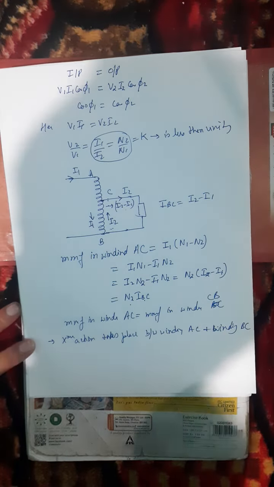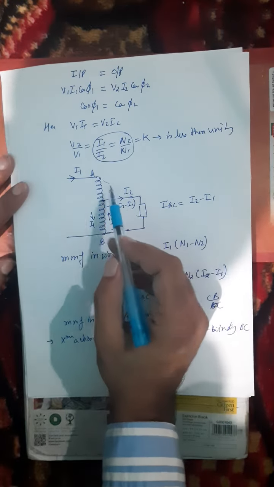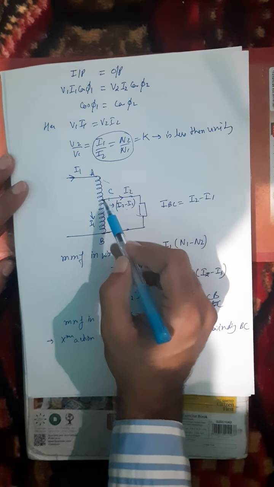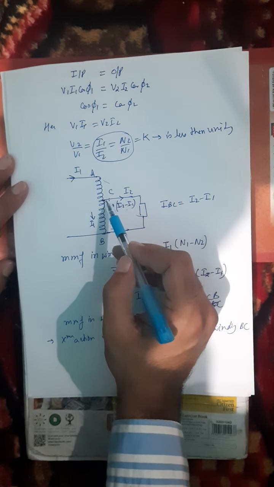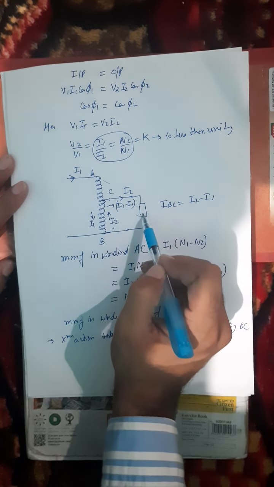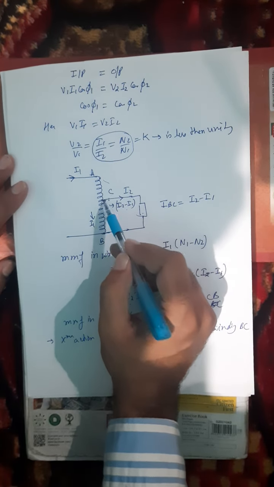In other words, the volt amperes across winding AC are transferred by transformer action to the load that is connected to winding BC.